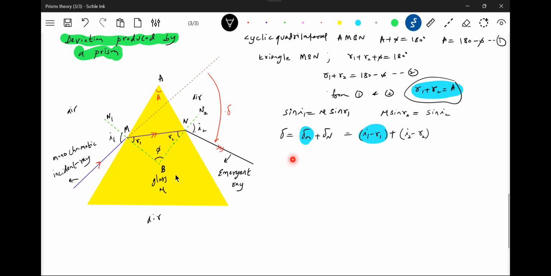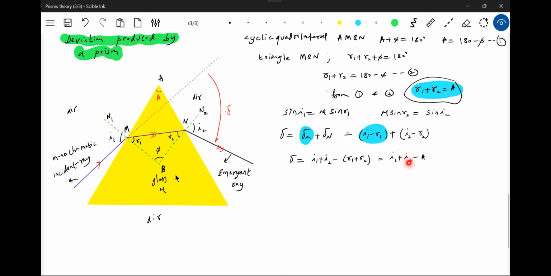Therefore this deviation is equal to I1 plus I2 minus R1 plus R2. This is the expression for deviation in terms of angle of incidence and emergent angle.